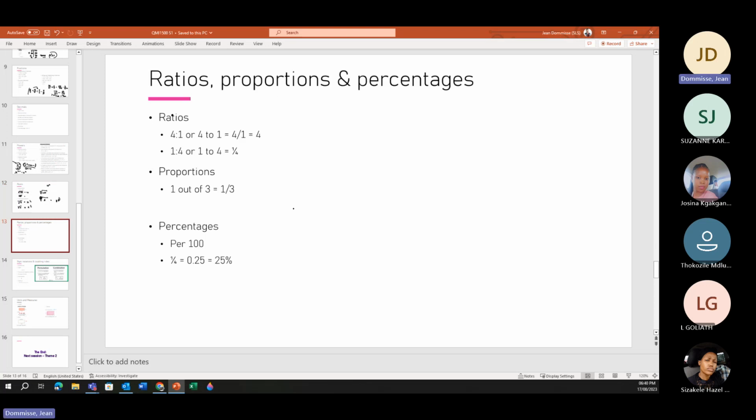Then what you would have seen as well in assignment 1 and 2, they might have talked about ratios, proportions. The important thing about this for you guys is when they talk about it in the wording.